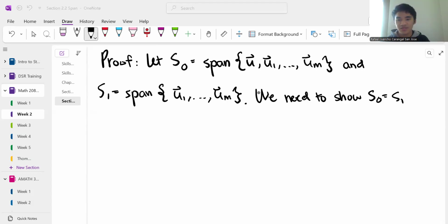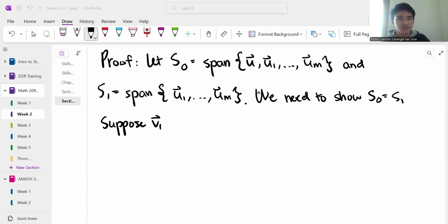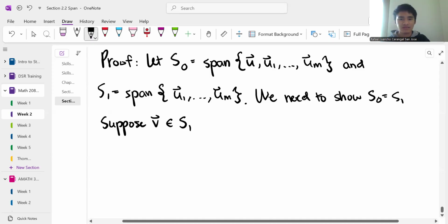We can write linear combinations. So let's try this. Suppose v belongs in S1.